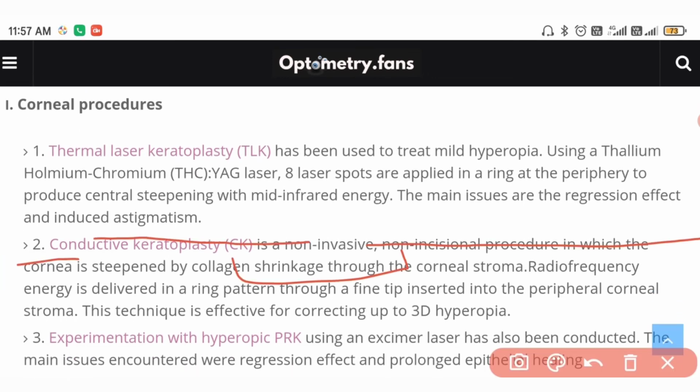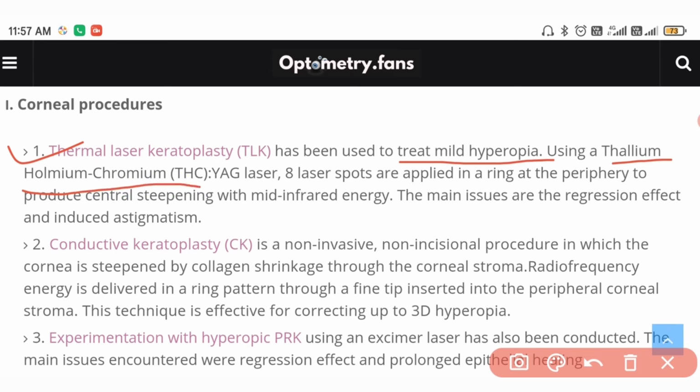First of all, thermal keratoplasty has been used to treat mild hypermetropia using the thallium, holmium and chromium laser. 8 laser spots are applied in a ring at the periphery for central steepening with mild infrared energy. The main issues are regression effect and induced astigmatism.